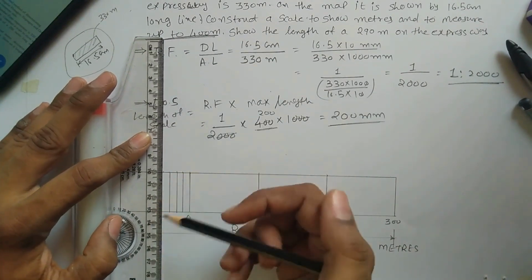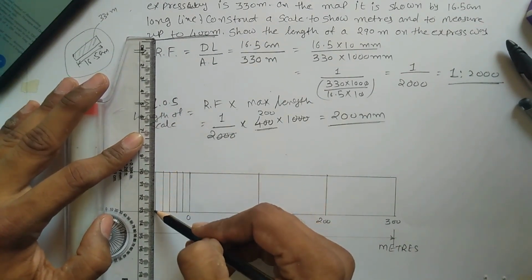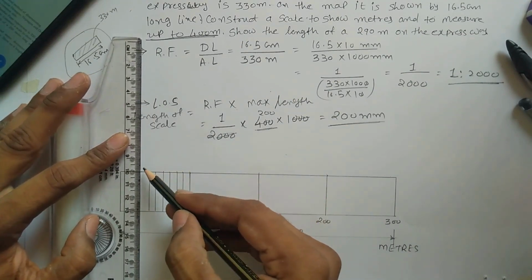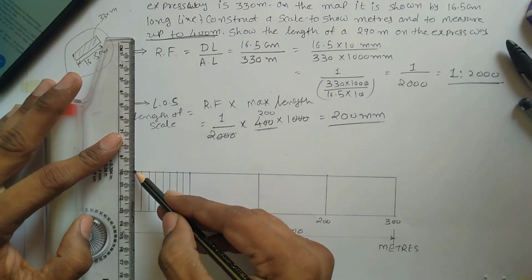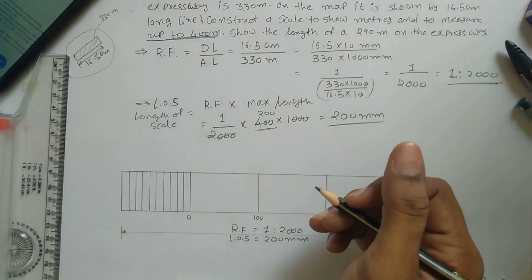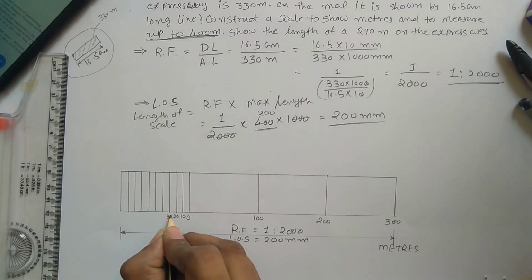In an engineering scale also you have to draw it with a thin line, because it looks good. If you draw dark lines, the whole structure will look dirty like this. So this one part represents 10 meter. This is 20, 30.